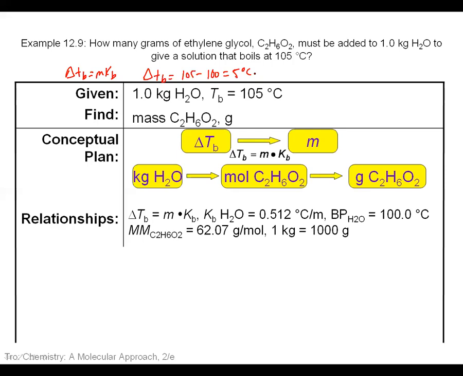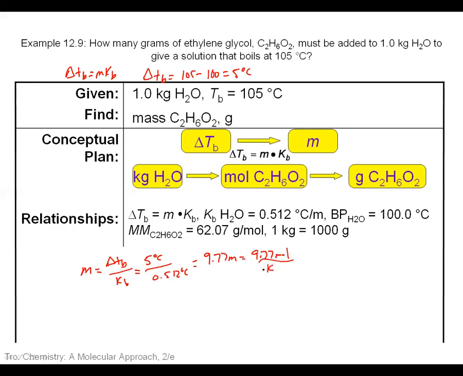We then used that and the equation to solve for the molality, which would give us our change in boiling point temperature divided by our Kb for water, which was our 5 degrees Celsius divided by our 0.12 degrees Celsius. And I believe that was 9.77 molality, which was 9.77 moles per kilogram.